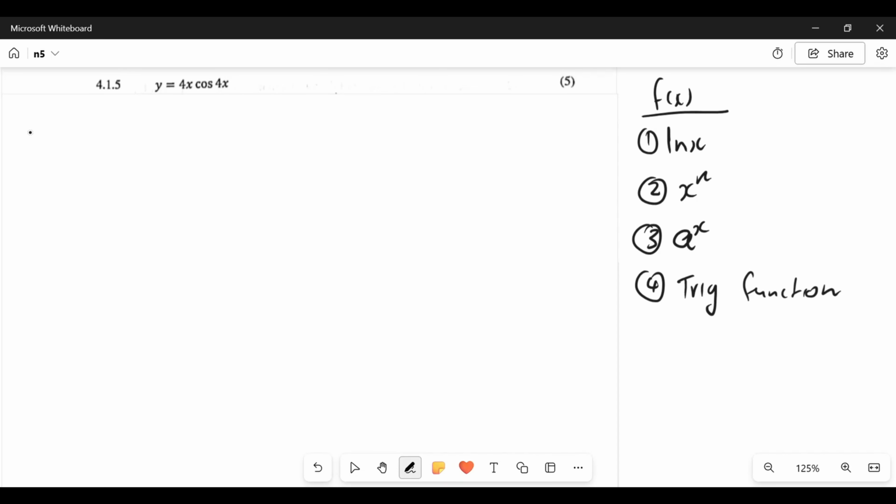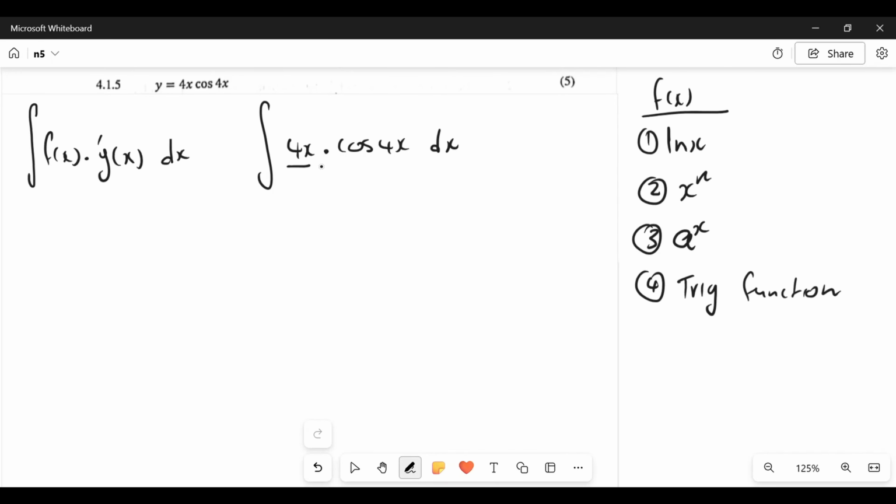So the formula goes like this: for by parts, you will have the integral of f of x multiplied by g of x prime dx. So what you should know here, guys, is that we're gonna have the integral of 4x multiplied by cos 4x dx. Guys, one of these must be f of x and the other one must be g of x prime. As you can see from the priority list, this one here, which is 4x, is the same as the second one on the priority list.